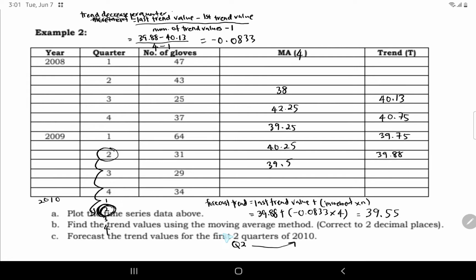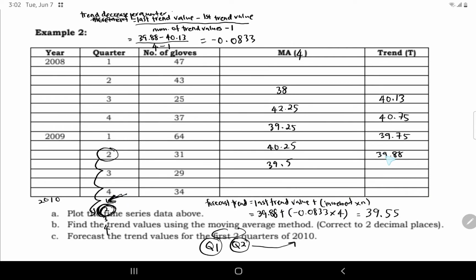Okay, tadi dia kata dia nak first 2 quarter. So kita dah cari Q2, kena cari Q1 jugalah, sebab dia nak first 2 quarter. So Q2 and Q1. Okay, so for the Q1 is right here kat sini. So formula dia sama. The last trend value which is 39.88 plus the increment times, okay, our n is different because Q2 is here.